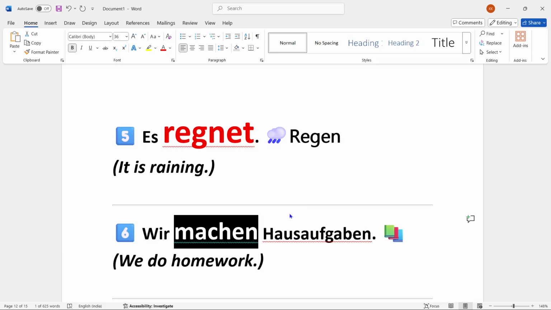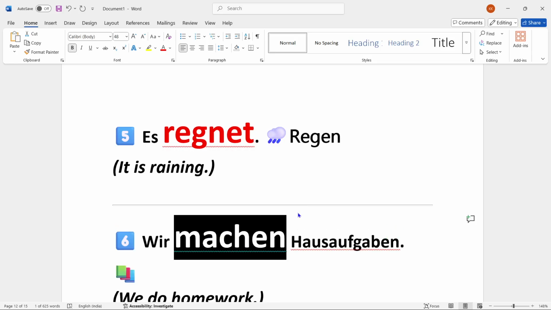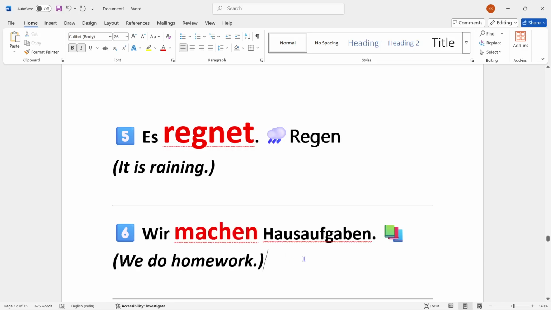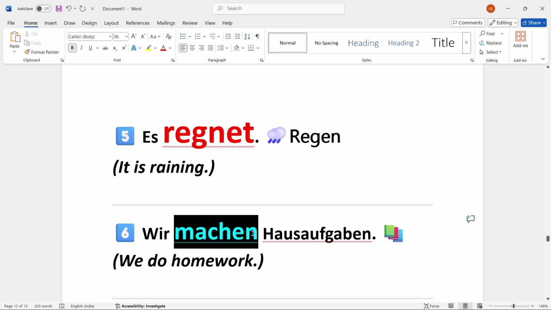Ja, sehr gut. Super. Machen ist ein Verb. Verb, we can say in German. Wir machen Hausaufgaben. We do homework. If we are putting this verb at the first position, you know already that it comes under the question.